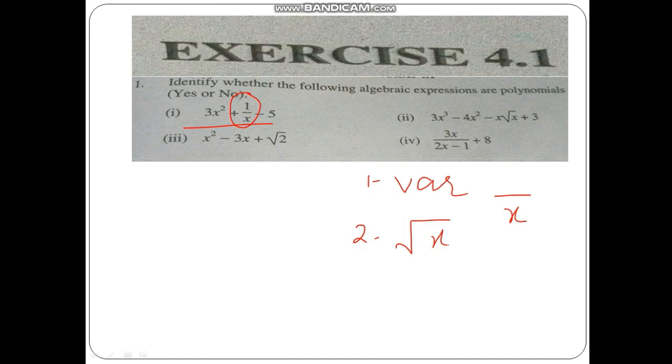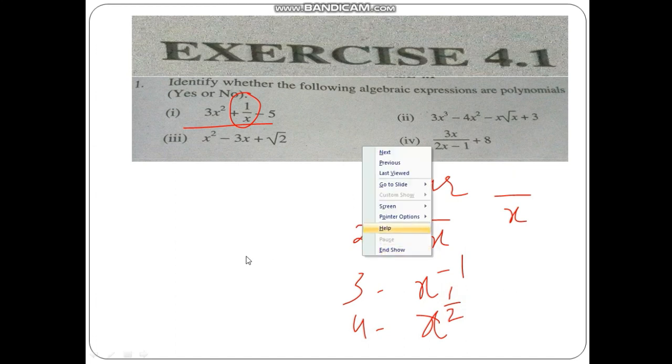Third, the variable should not have a negative power or a fractional power, like x raised to power 1 upon 2. Fine, these things should not be there.